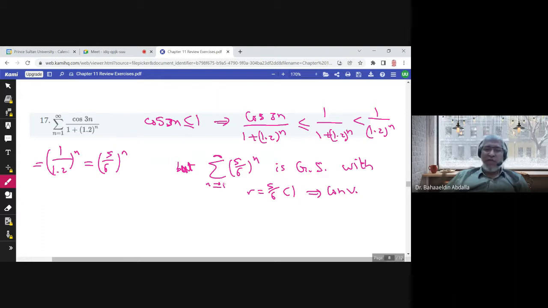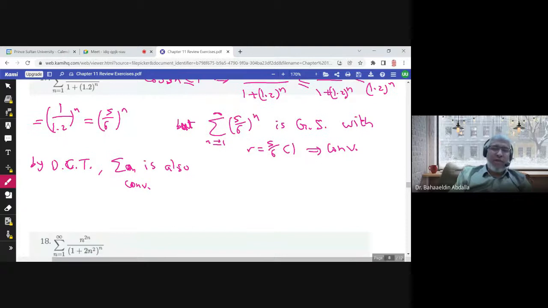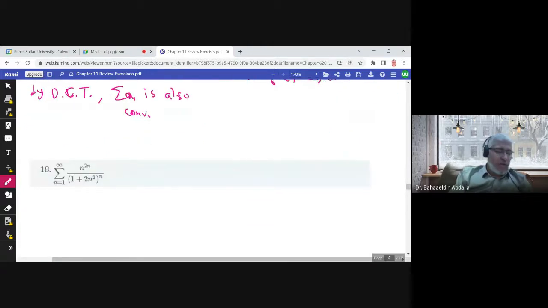So it is convergent. So by direct comparison test, summation an is also convergent, because we proved that an is less than bn, and summation bn is convergent, so summation an would be convergent. This is the direct comparison test.